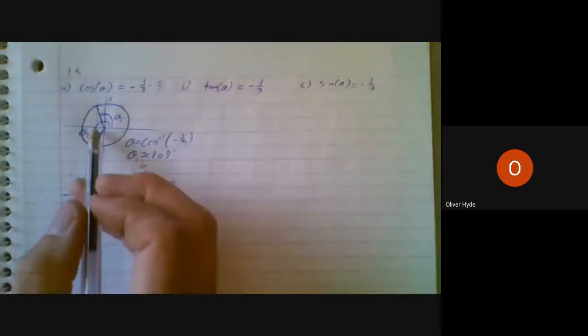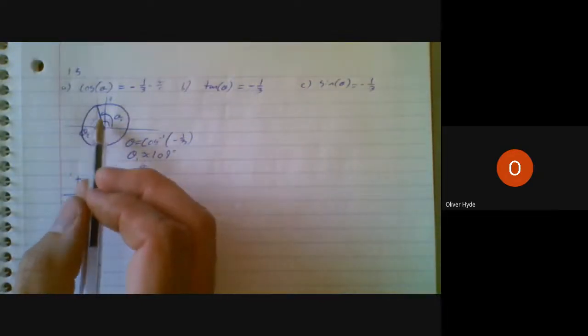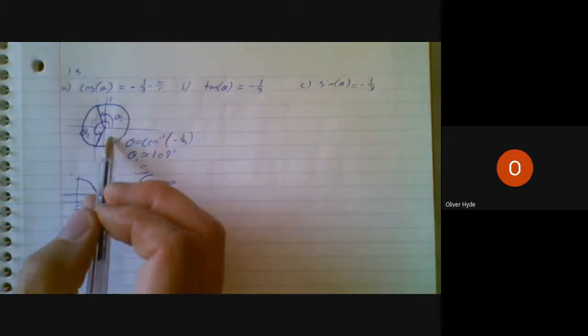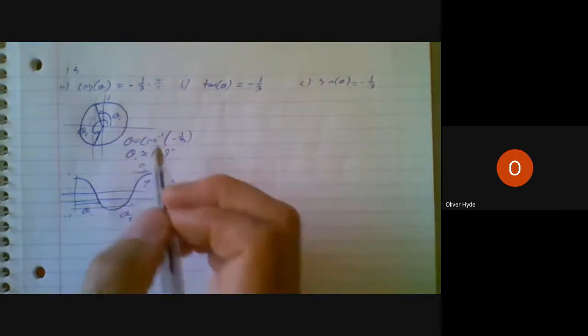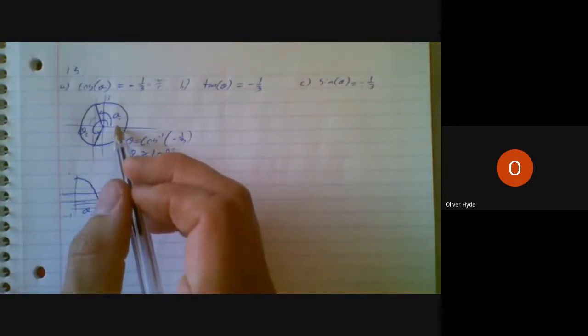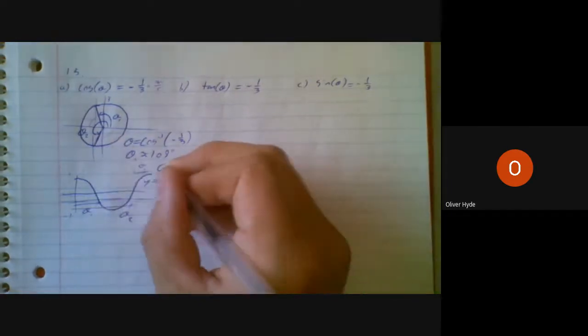A couple of different ways you can get theta 2. I think I usually found the related acute angle. This time I'm going to take negative 109 degrees and add 360 degrees to it.